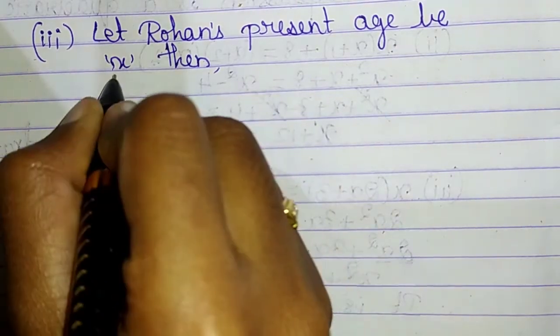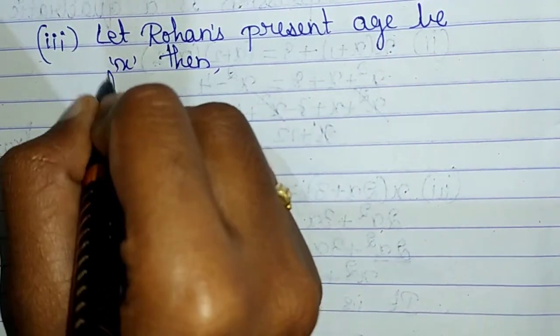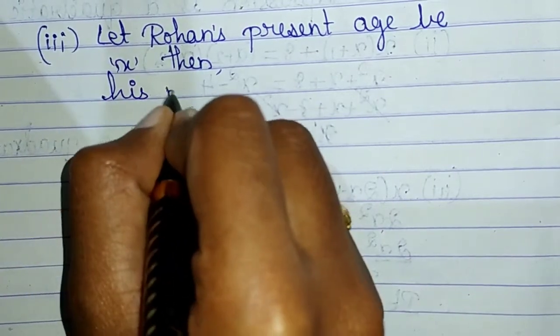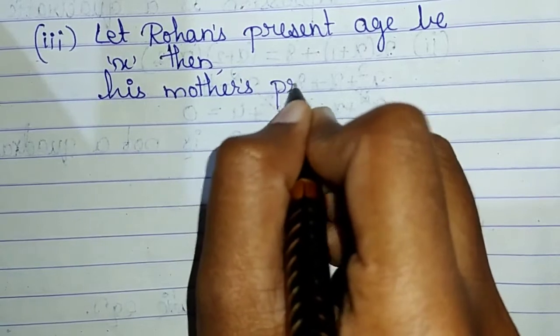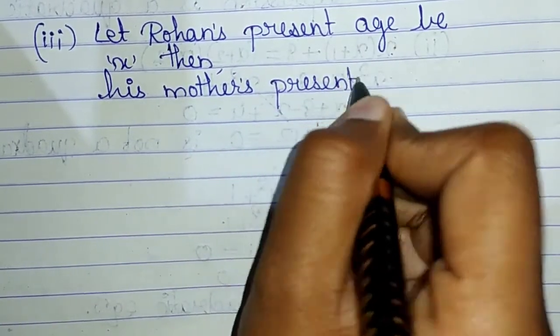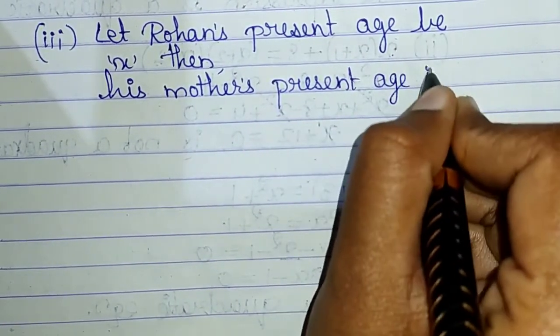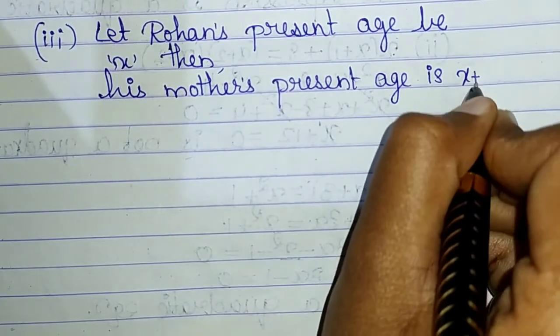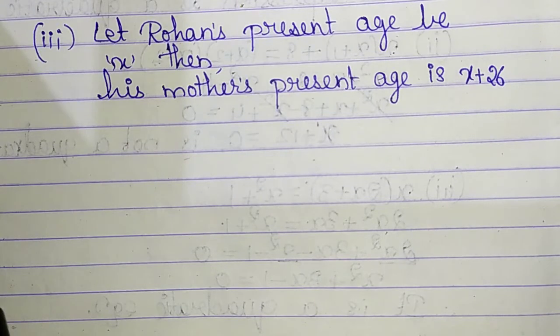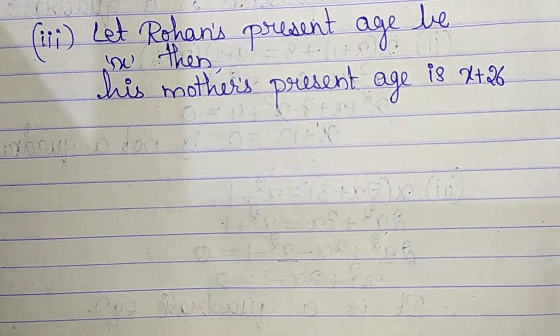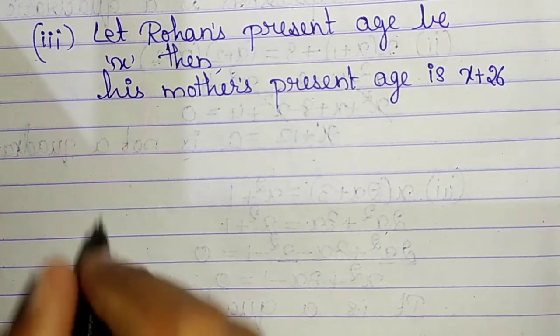So if his age is x, then his mother's present age is x plus 26.